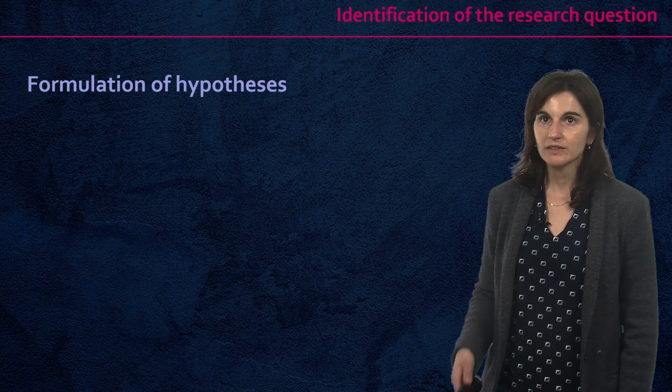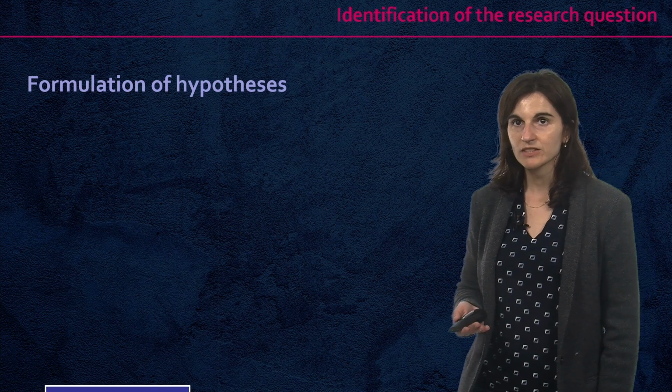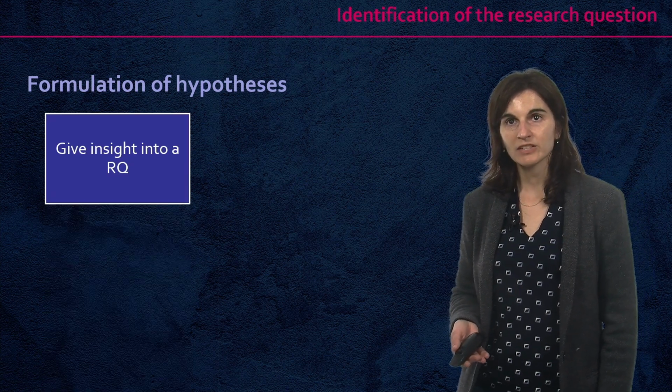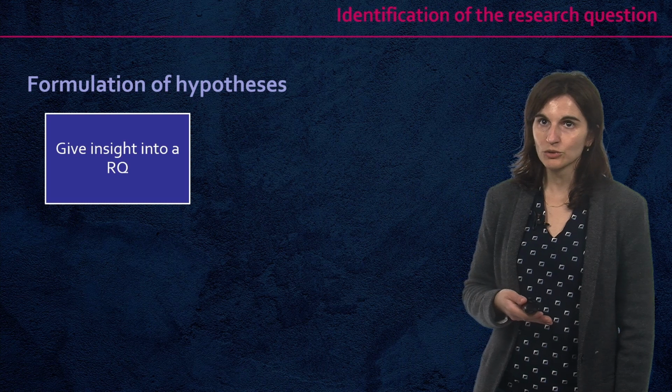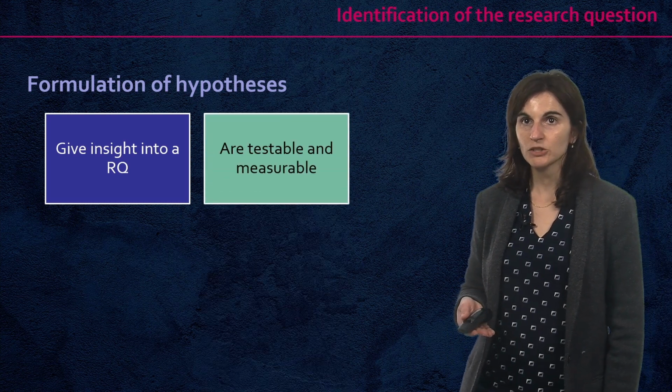Once we have defined the research question, we are ready to write the hypothesis of the project. The hypothesis should be related to the research questions, and also they should be testable and measurable.